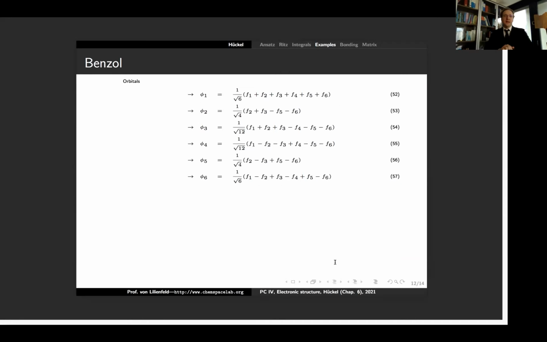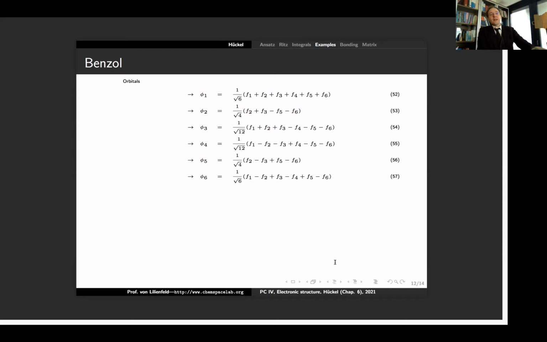If you insert these solutions into your system of equations, your 6 equations for the 6 eigenvalues, so in total 36 equations, you should find, thanks to normalization, these molecular orbitals. Please also try at home if you can reproduce this. You should really practice this.